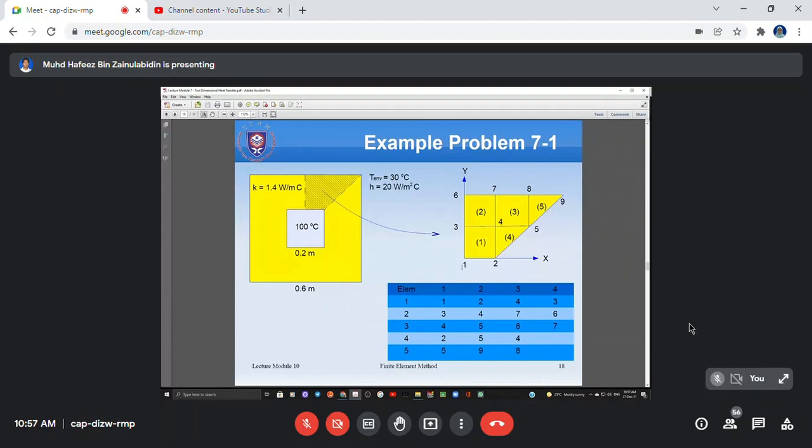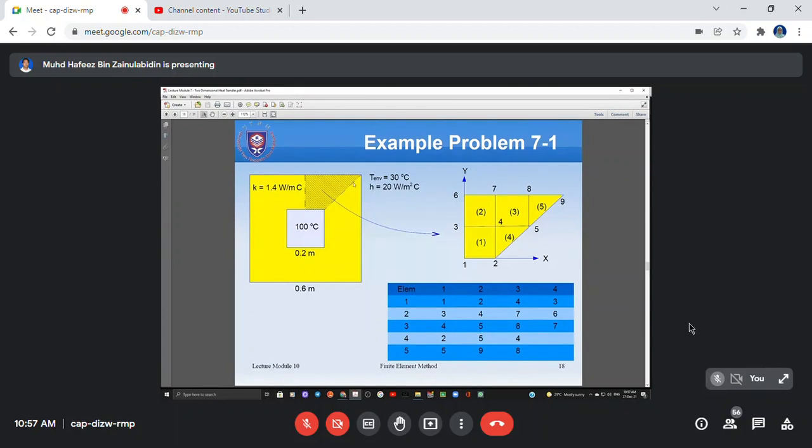Okay, what else? The dimensions are given. The elements with node numbers are already given as well.